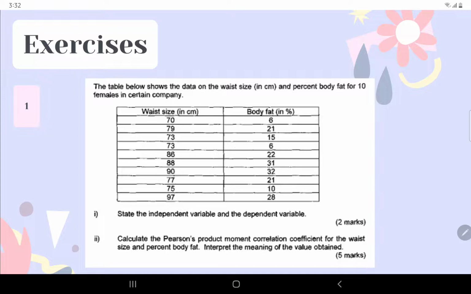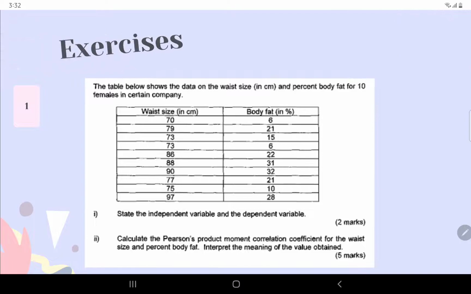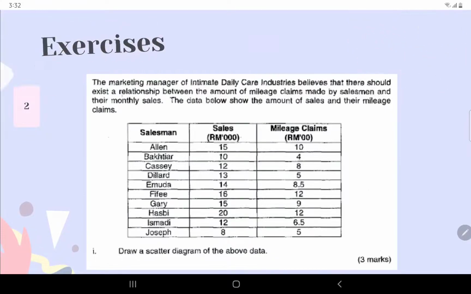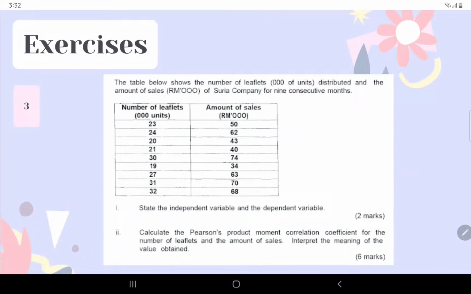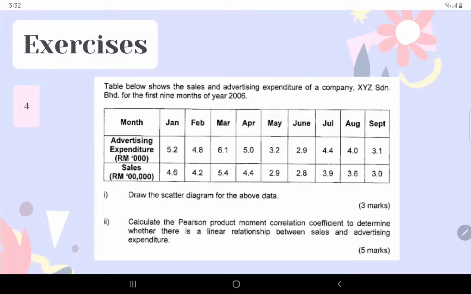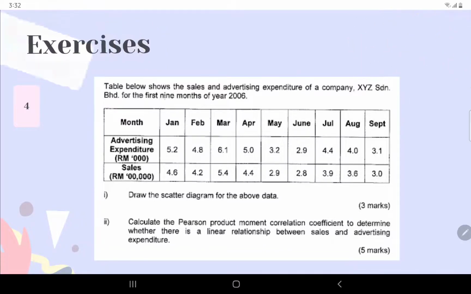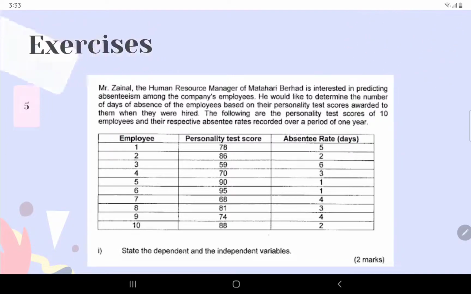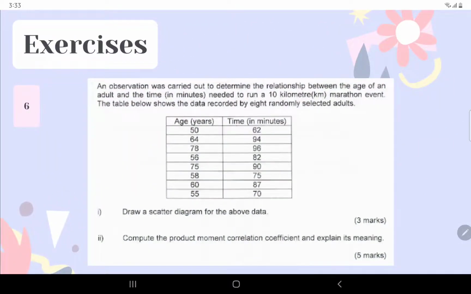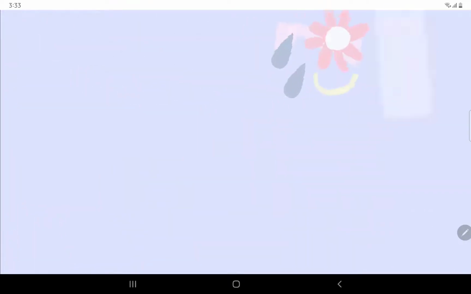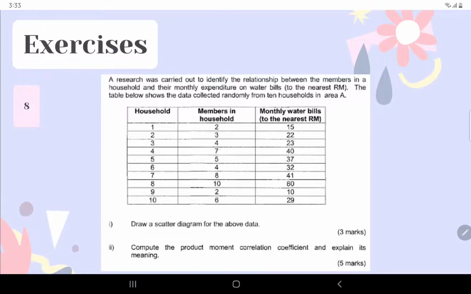Okay, so question 1, question number 2, question number 3, number 4, number 5, number 6, number 7, and lastly question number 8.